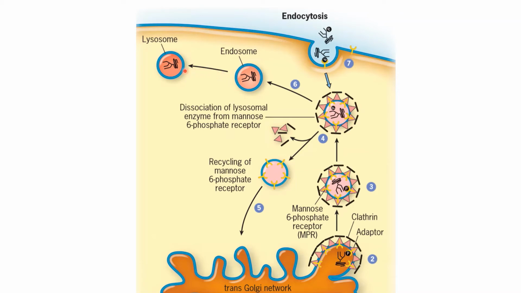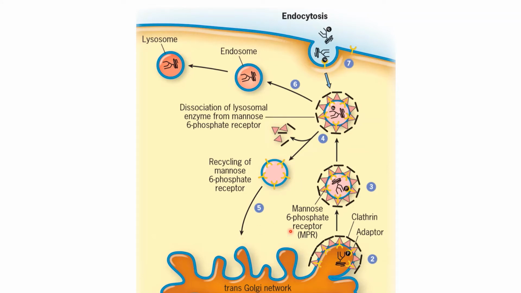And then the enzyme with the mannose-6-phosphate is going to be merged with whatever it needs to digest, and now you have your lysosome. And the clathrin proteins and the mannose-6-phosphate receptors are going to be recycled. They are going to be carried back to the Golgi network, as we see here in step number 5.